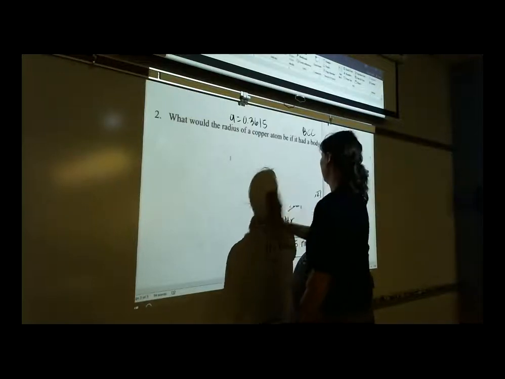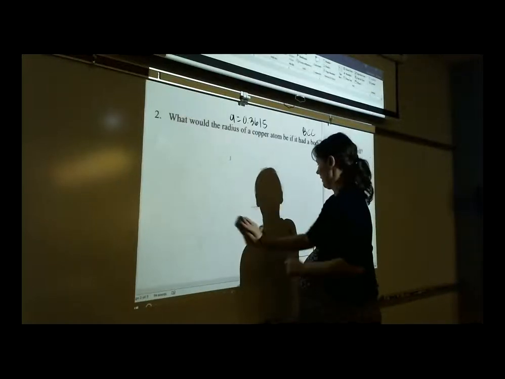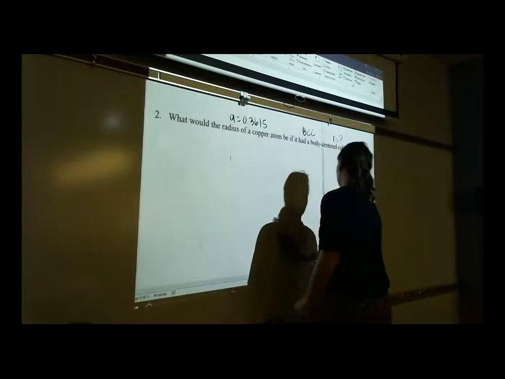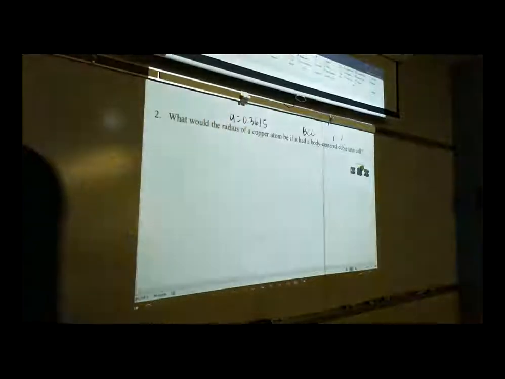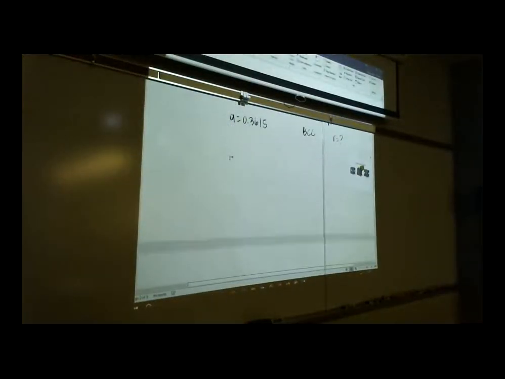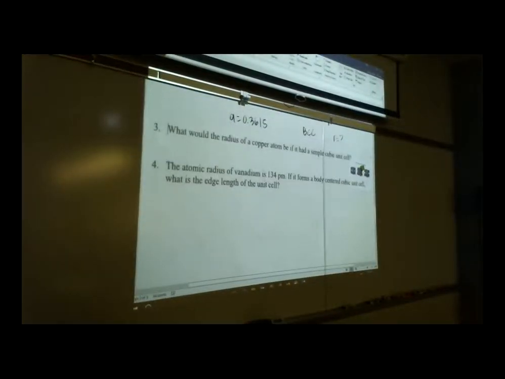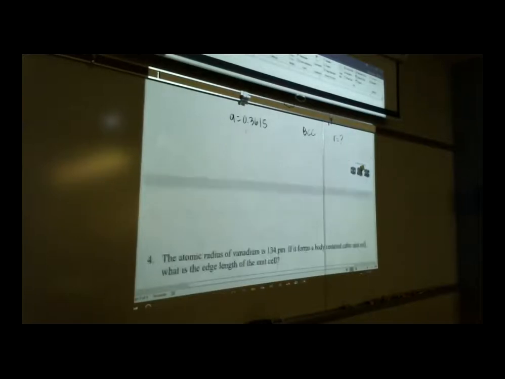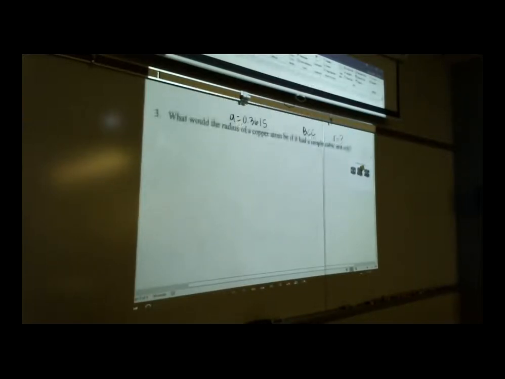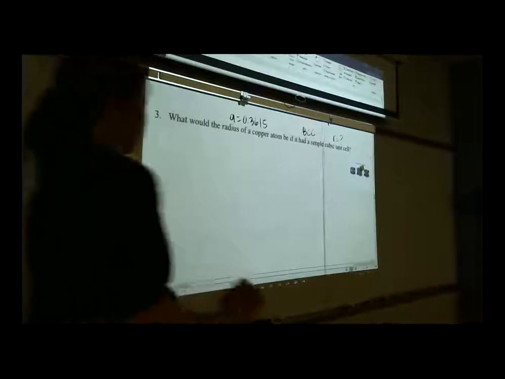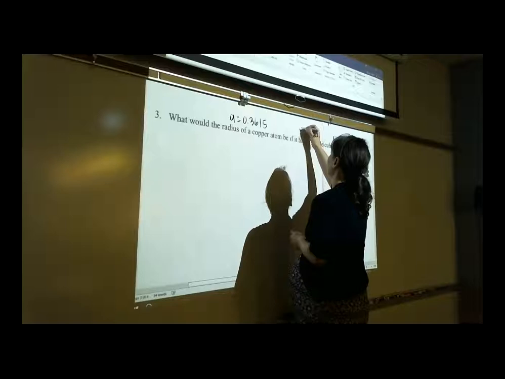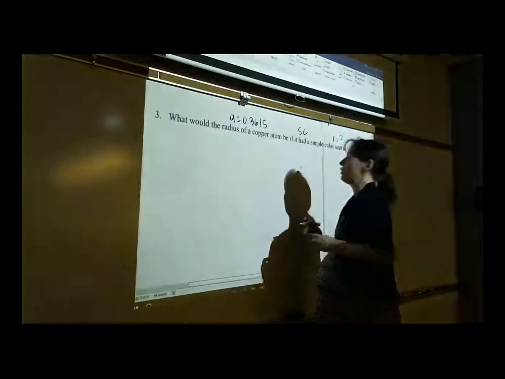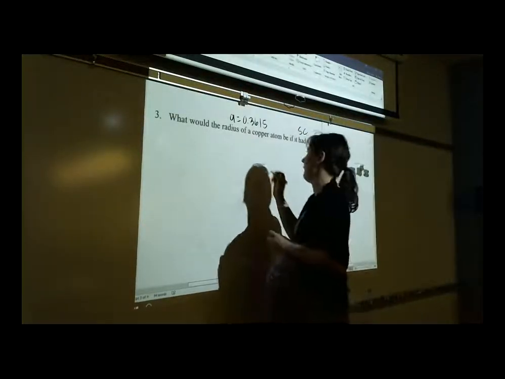number 3, which I'm pretty sure involves that same edge length. I think it asks us what it would be if it were simple cubic. Yep, if it were simple cubic. So we have a different relationship, right? What's the relationship in simple cubic?